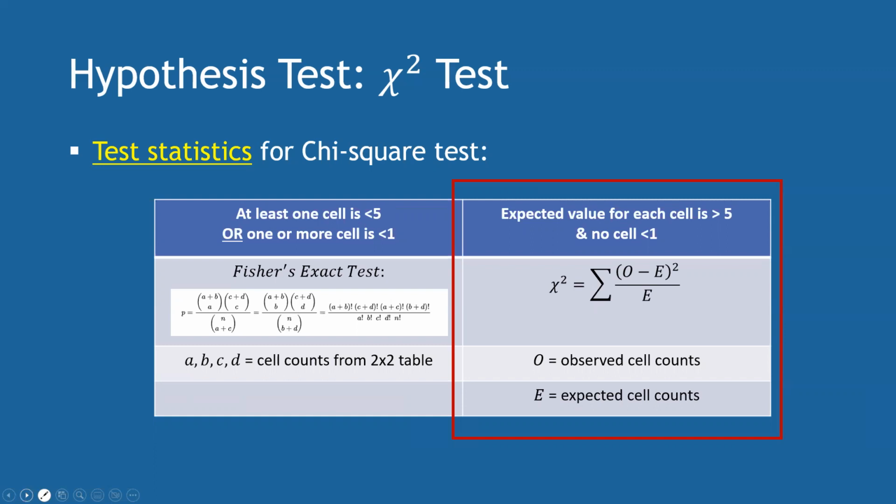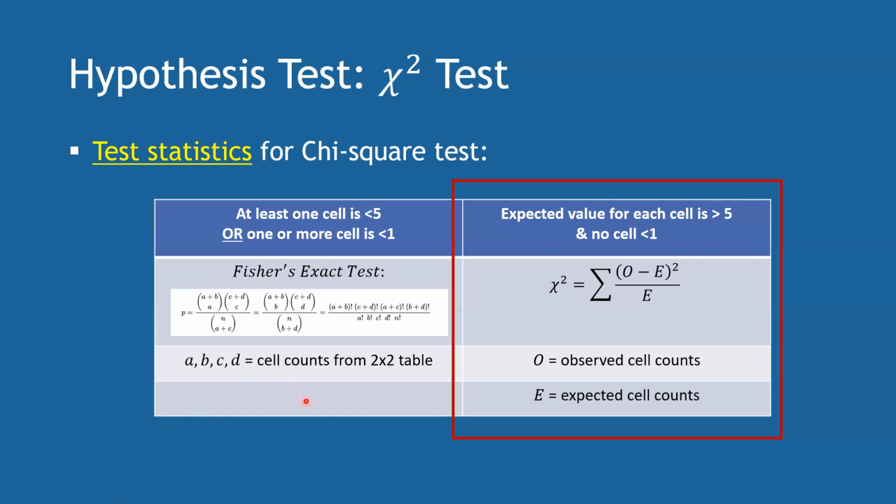So that would be that the expected cell count is greater than 5 and that no cell has an expected count less than 1. Now, that's going to get into deeper concepts than we're going to cover in this class. So what I'm going to advise for this class is to always use a chi-square test. But I want to make you aware of what's going on here in the left-hand column.